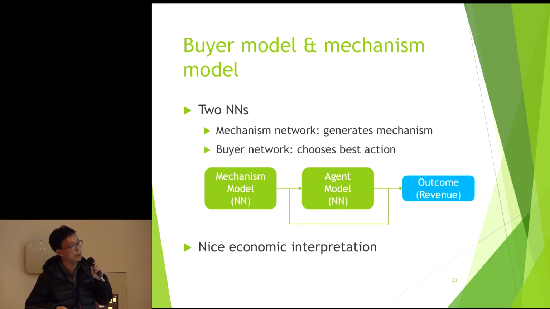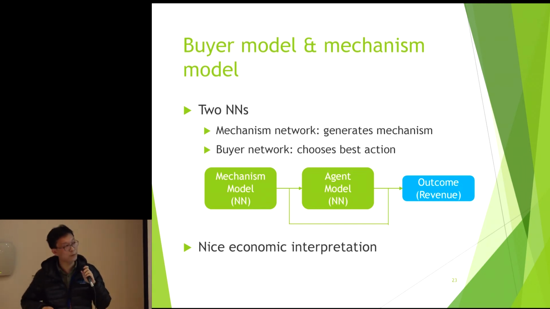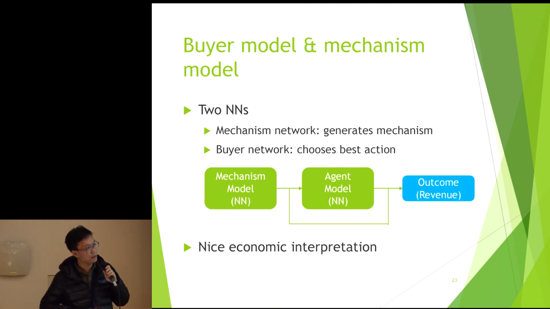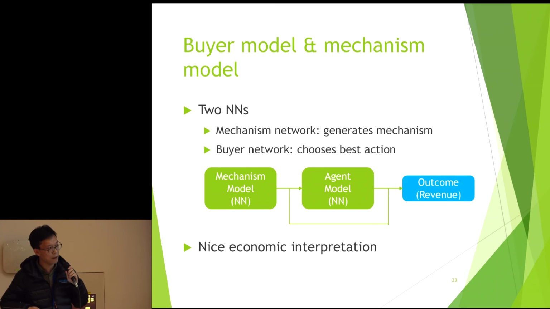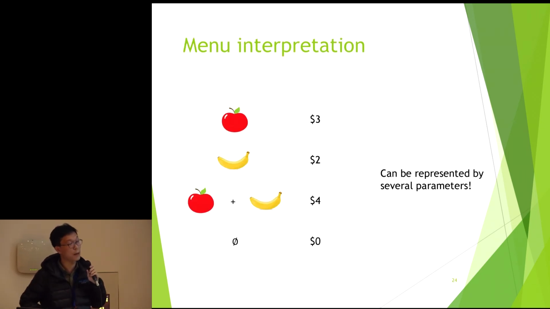Combining the outputs of these two networks, we get the outcome of the auction. And still, we optimize the revenue of this auction. It turns out that this kind of framework has a very nice economic interpretation called the menu interpretation.